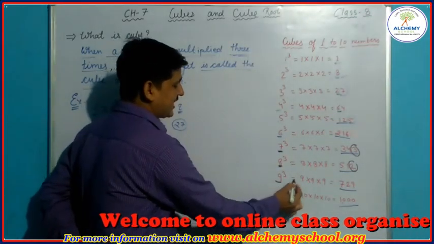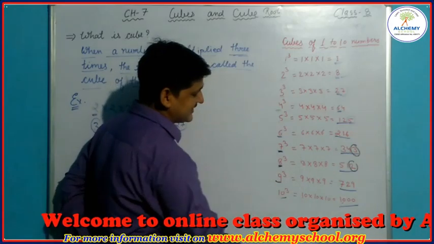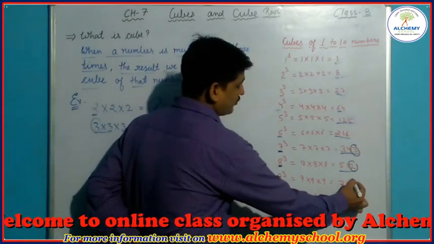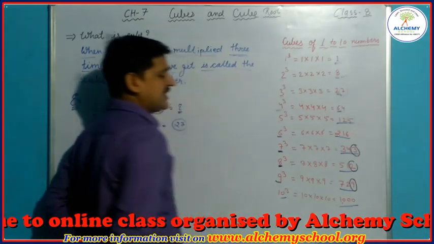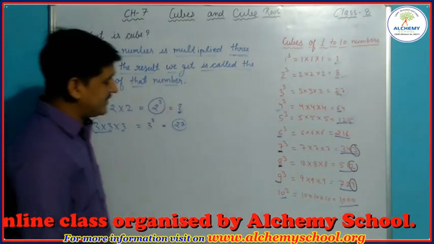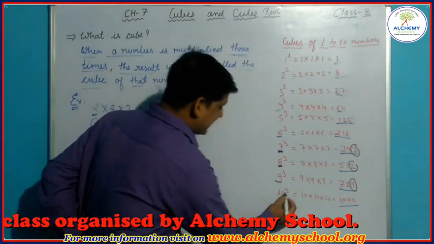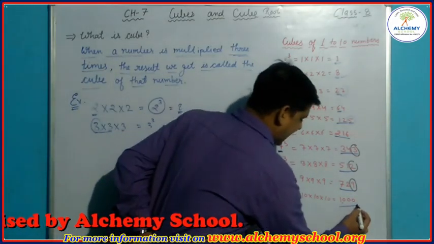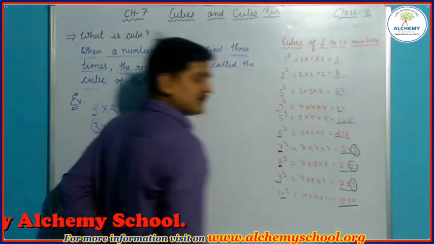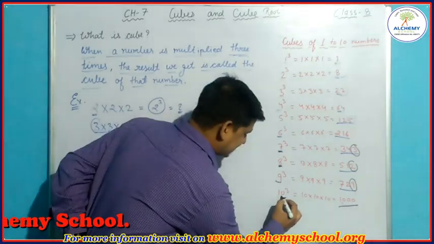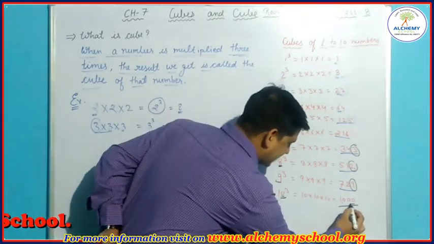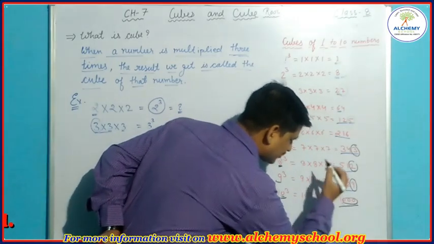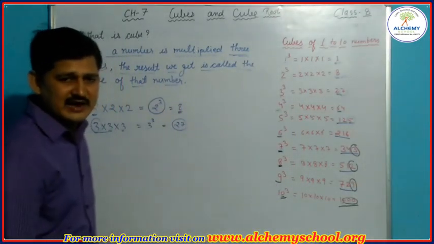The same goes for 9. When any number contains 9 on its unit place, the cube of that number will also contain 9 on its unit place. When any number contains 0 on its unit place, the cube of that number also contains 0, but for 10 you have to add 3 zeros at the end of that number.